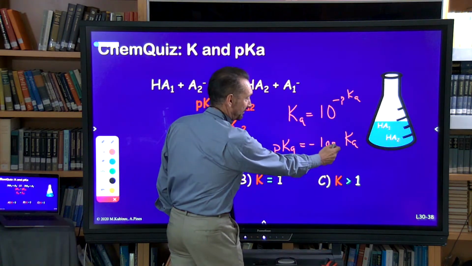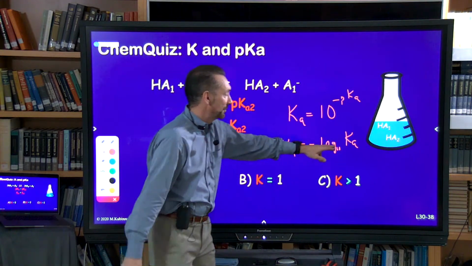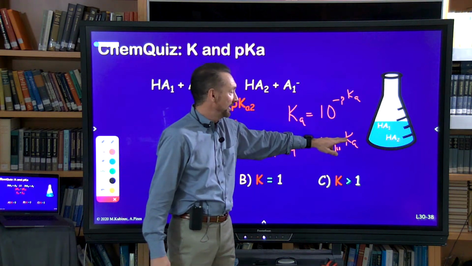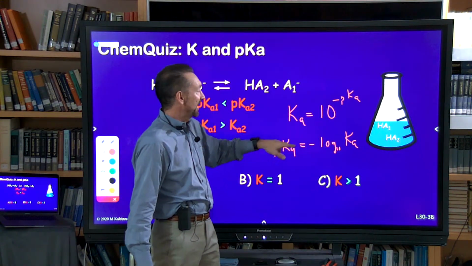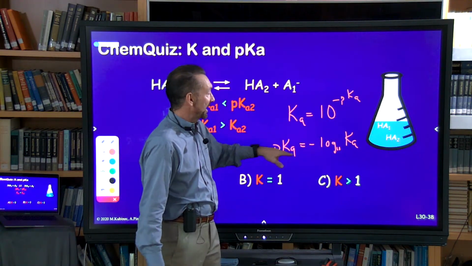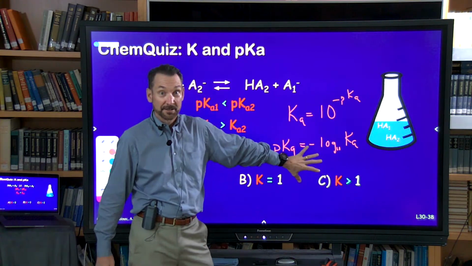That base to that power has to equal that number. So 10 to the minus pKa has to equal Ka. 10 to the minus pKa is Ka, if pKa equals minus log base 10 Ka. Those are the relationships you have to take to the bank.